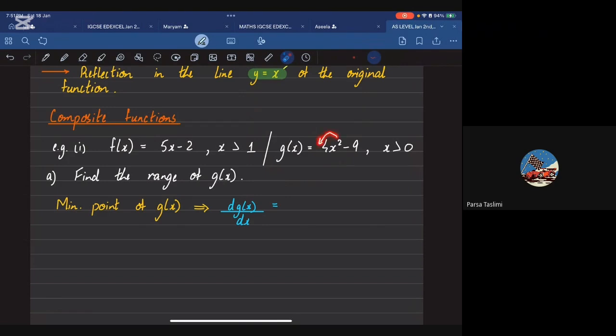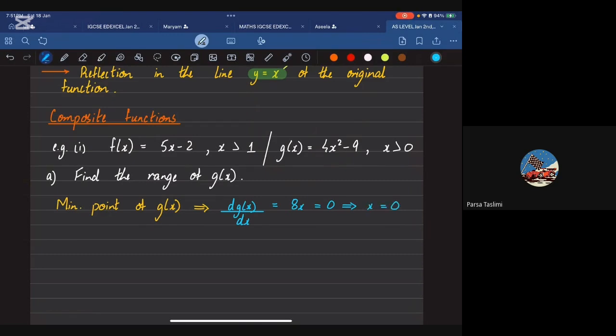Power to the front and minus 1 from the power. So it's going to be 8x, and the derivative of a constant term is 0. Then you put your derivative, or your gradient function, equal to 0, and that is going to give you x is equal to 0.